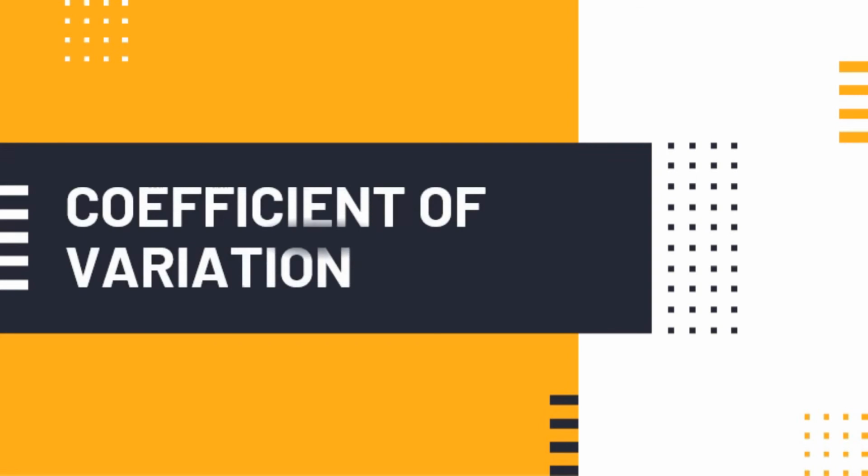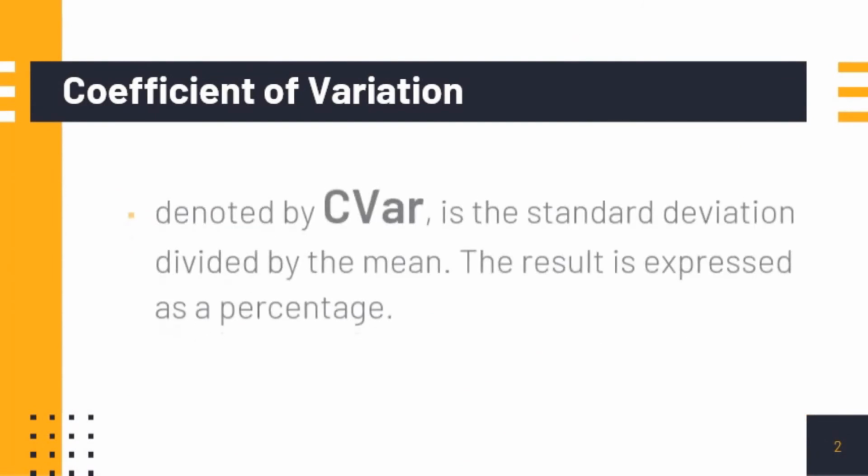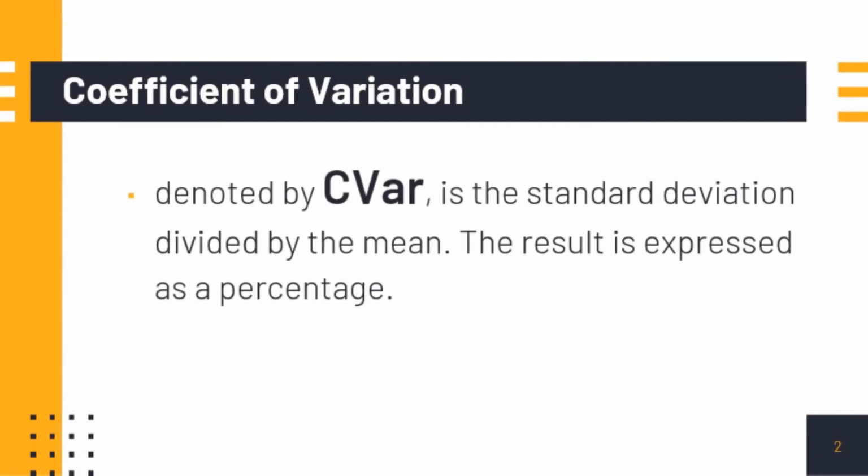The next topic in Chapter 3 is coefficient of variation. Coefficient of variation, denoted by CVar, is the standard deviation divided by the mean. The result is expressed as a percentage.